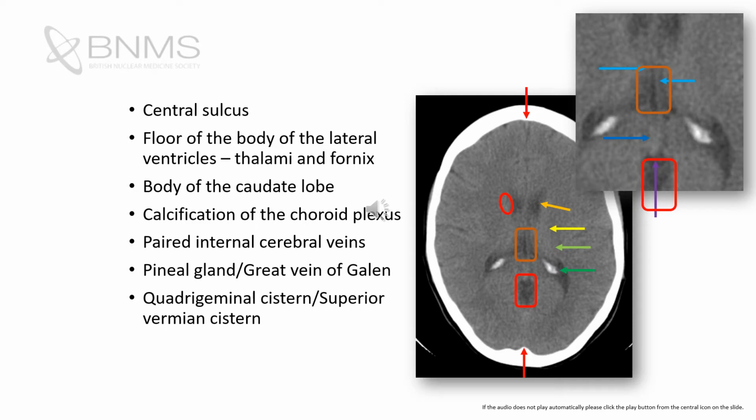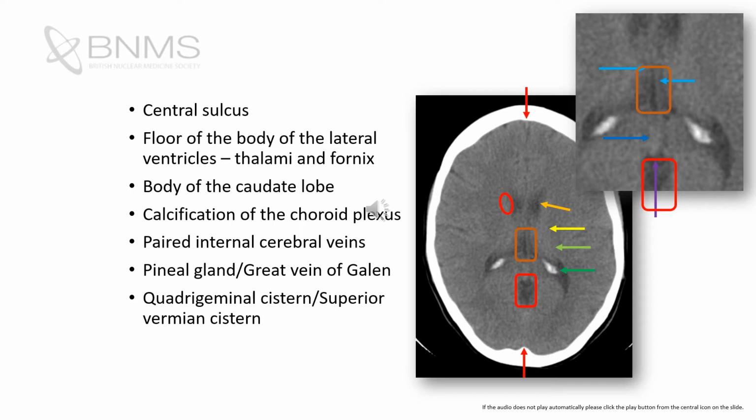In this slice, we have an unenhanced CT scan of brain at the level of the floor of the lateral ventricle. Note the two red arrows showing the central sulcus. Posteriorly, this is slightly more ill-defined, as the sagittal venous sinus begins to decussate into the two sigmoid sinuses.